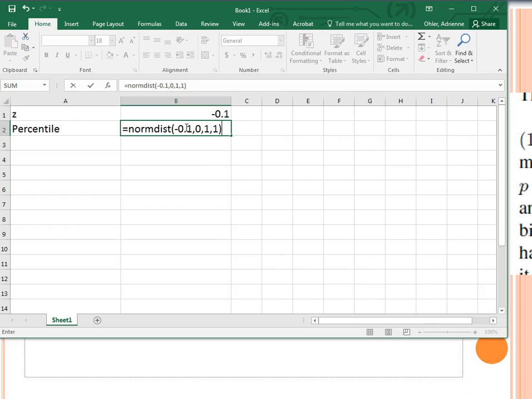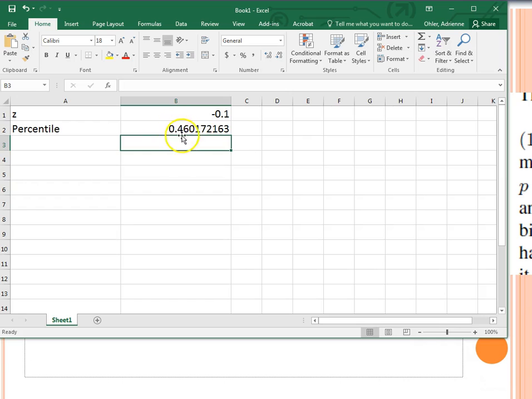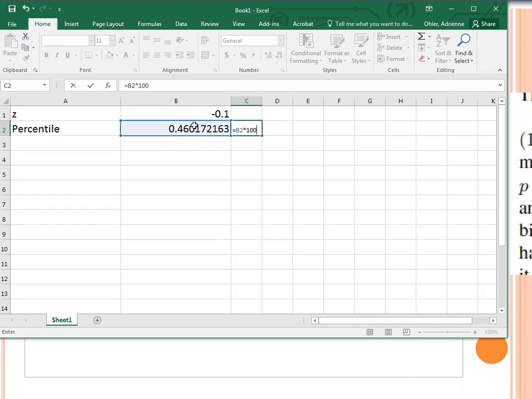When I hit enter, it's going to give me a number between 0 and 1 because this looks at a fraction. If we want to get this in percents, we're going to have to times this number by 100. So I'm going to times that number by 100, and that's going to tell us that 46% of men have a height that's less than 5'9".